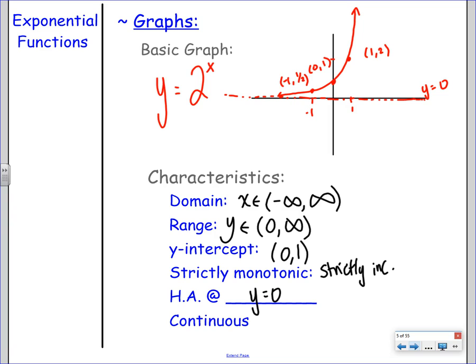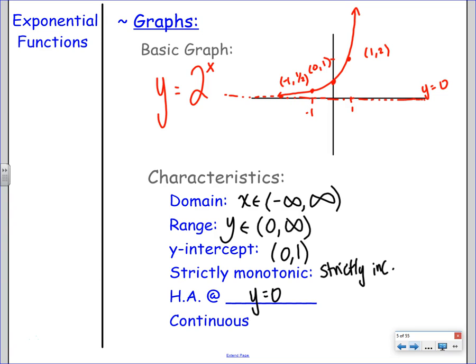Strictly monotonic. If it hasn't been flipped, reflected, it's strictly increasing, and like we talked about, growing exponentially, it's going really steep, really fast as you go to the right. But as you go to the left, it's getting closer and closer to the horizontal asymptote.